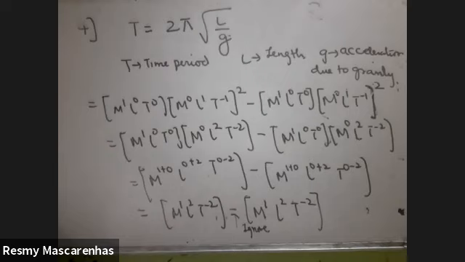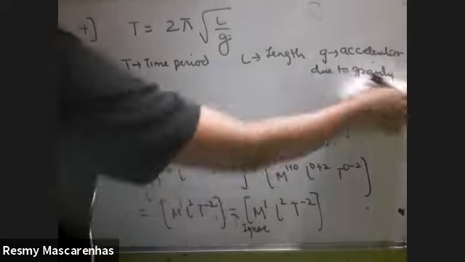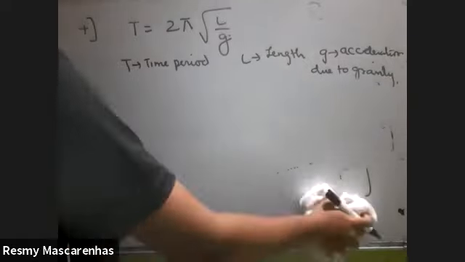Now, if you notice, there's a root sign. So what is to be done when there's a root sign? It becomes difficult to solve with a root, so we'll try to get rid of the root sign first.